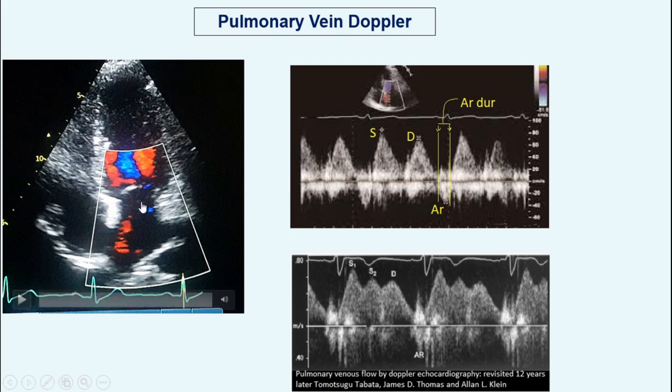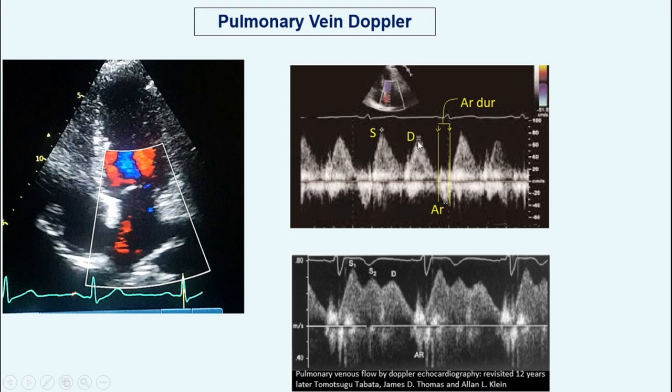On diastole, when the diastole starts, blood goes to the left ventricle, and again pressure drops, and when the pressure drops in the left atrium, one more time blood rushes to the left atrium from the pulmonary vein, and it gives us a second positive shift, that we call the D wave.